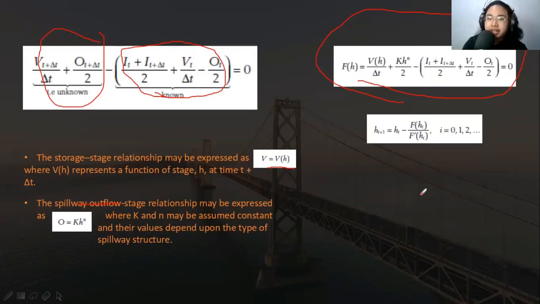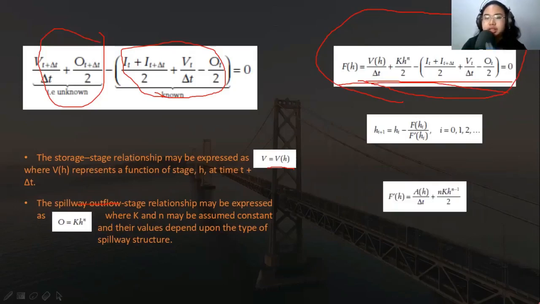Here h i is the previous estimate of the root, or the initial one. And f prime of h is derived by differentiating this equation in terms of h. So we cancel out this term since it has no h, and what remains is this one.